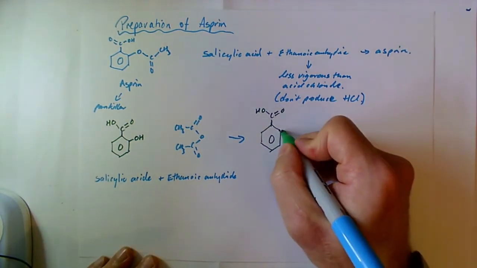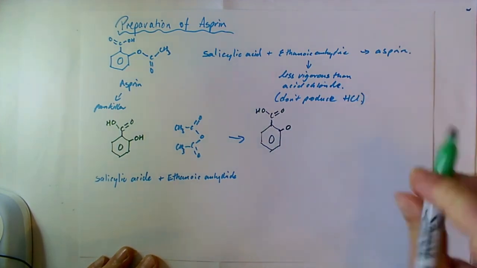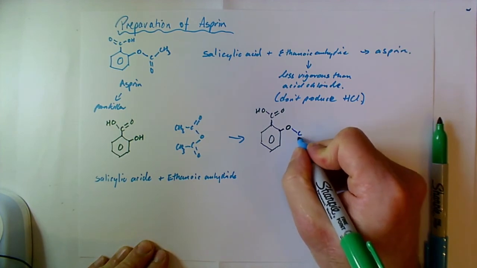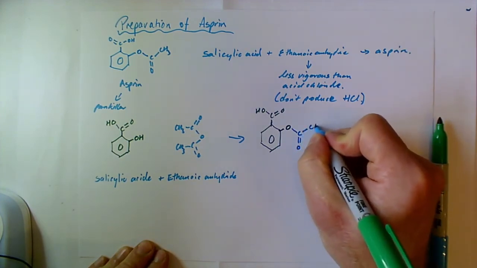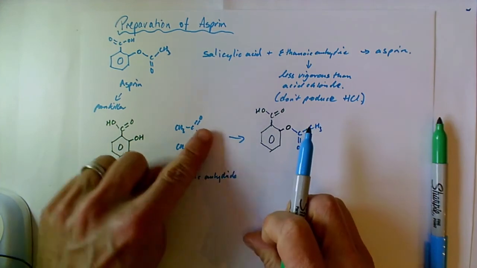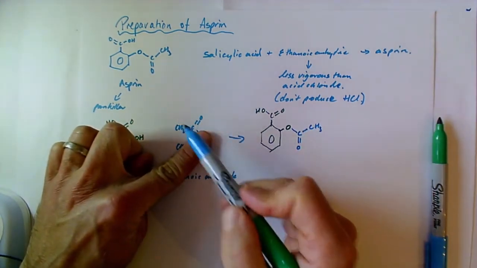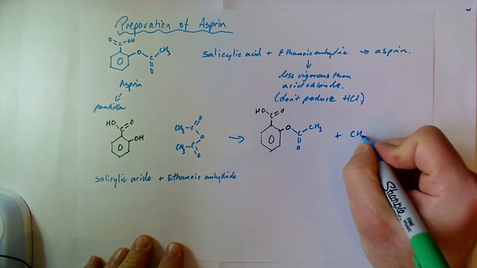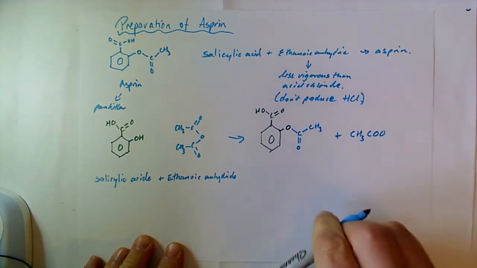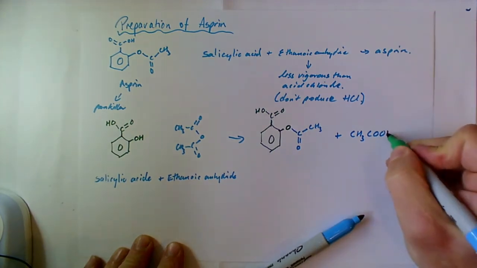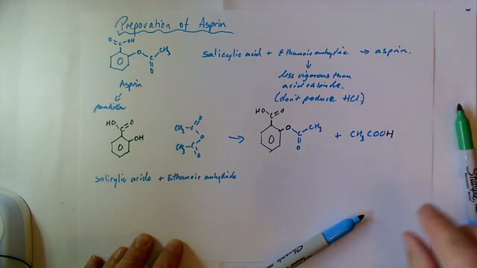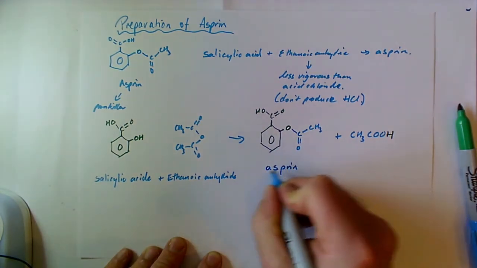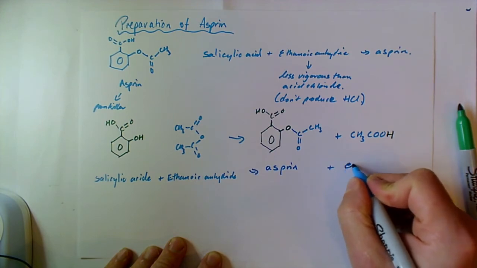Then joined on over here, I've got my O, but this time I'll have joined one part of this molecule onto that oxygen there, and I'll have some leftover CH3COO and an H that came off the salicylic acid. So let's just call it aspirin and ethanoic acid.